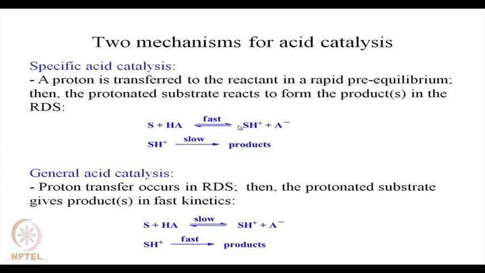So for the specific one, it is the fast pre-equilibrium first, and for general acid catalysis it is the slow equilibration, slow proton transfer. These are the two situations: specific acid catalysis and general acid catalysis.